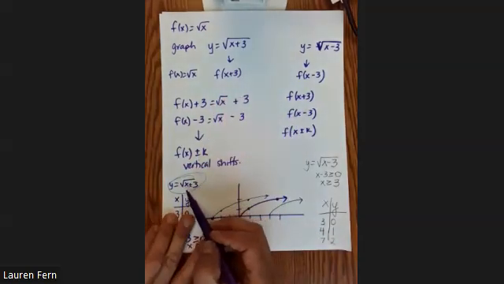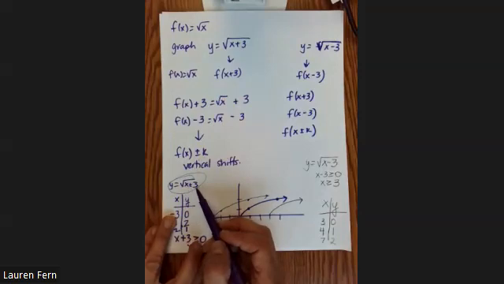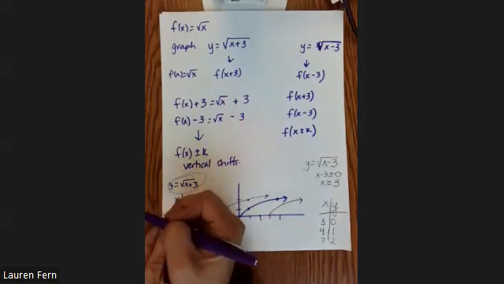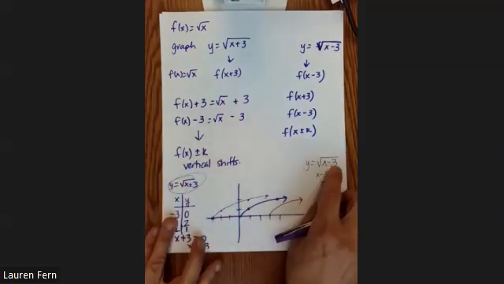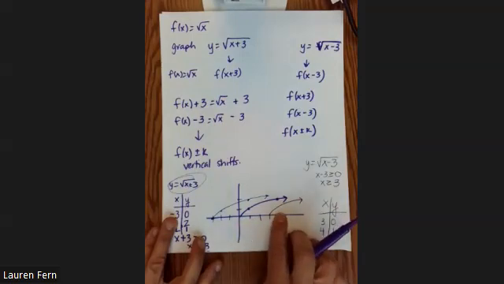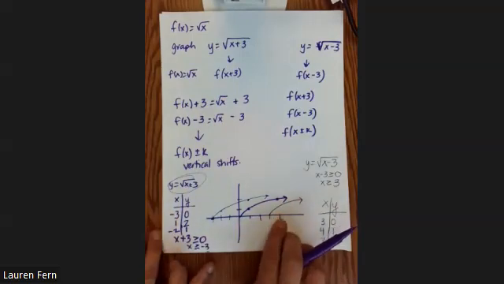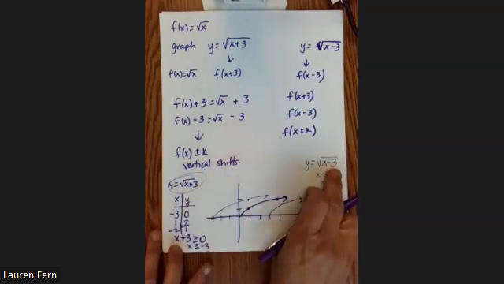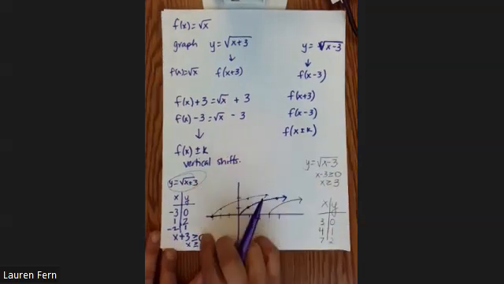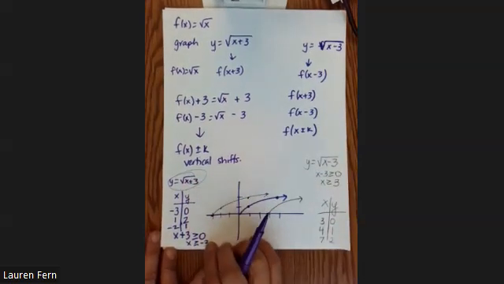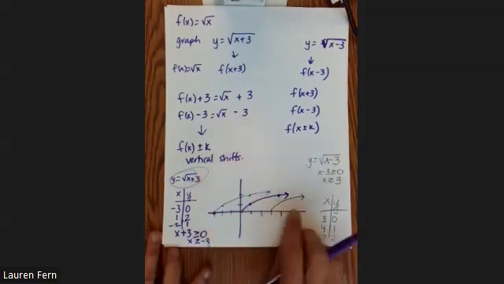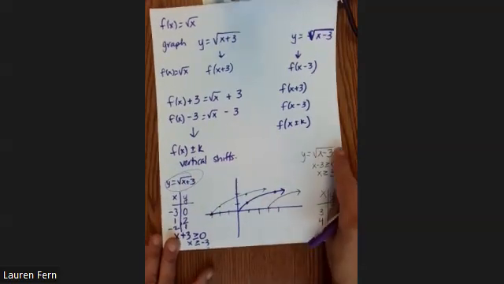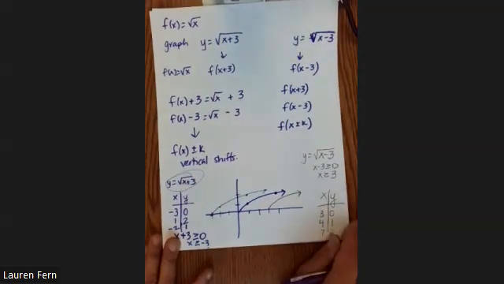But notice when you add inside, it goes to the left. And when you subtract inside, it goes to the right. The reason is that you've got to set it equal to 0, and then you get the opposite sign of whatever you had here. You set that equal to 0, your starting point is -3. And if you set this equal to 0, your starting point is +3.